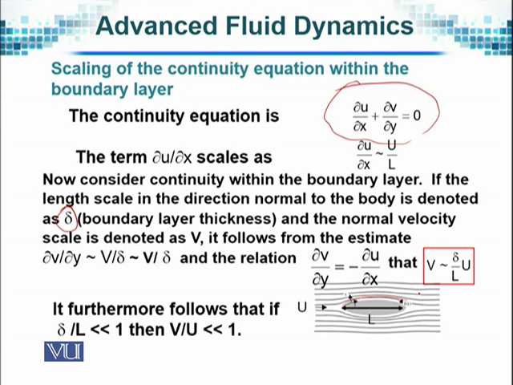You can see it in the flow field with a red line. So if we try to measure and compute the scaling of these variables, du by dx is of the order of U over L, and similarly dv by dy is of the order of V over delta.